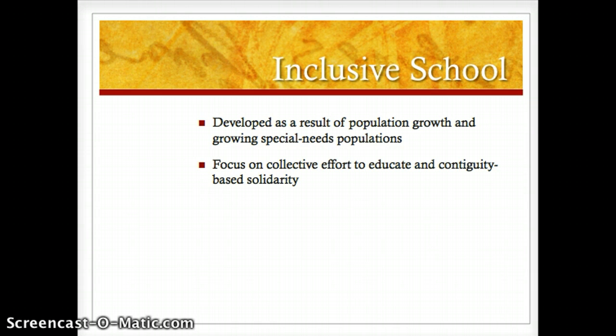The inclusive school is developed as a result, of course, as discussed earlier, of population growth and the growing special needs population. Hence, it will focus more on the collective effort, in the idea that the whole community is part of educating each child, that there's a collective effort of the whole community to educate its population.